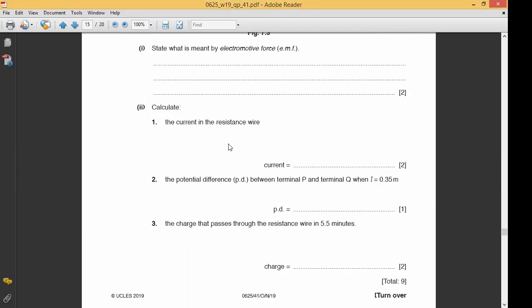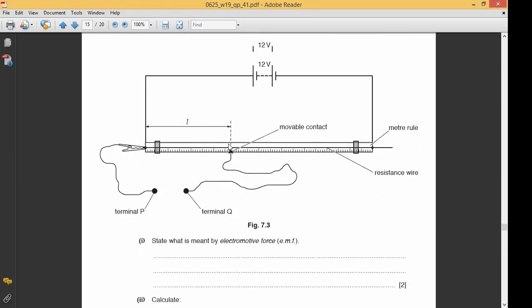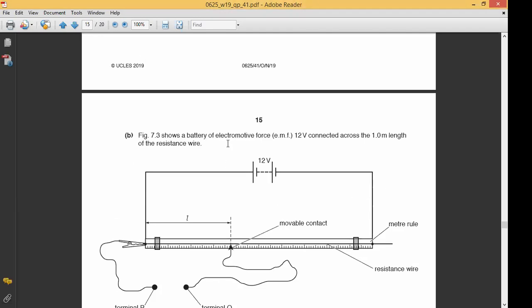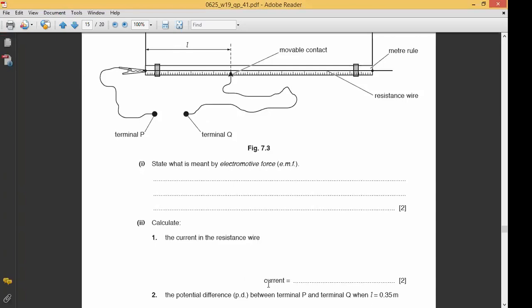All right, now look at this. Calculate the current in the resistance wire. Remember, we have our volts and we have our resistance. What is the volts here now? The volt is 12. What is the resistance?